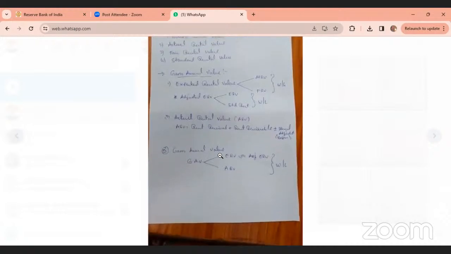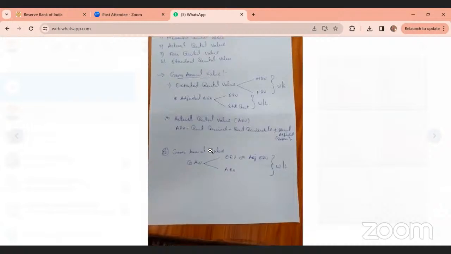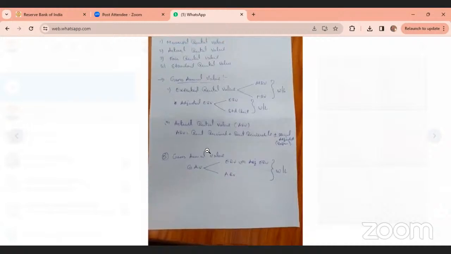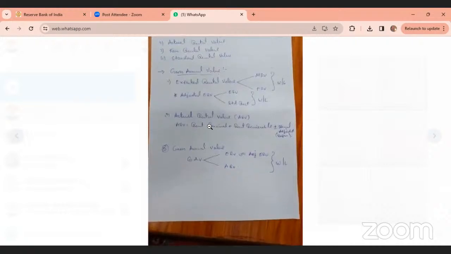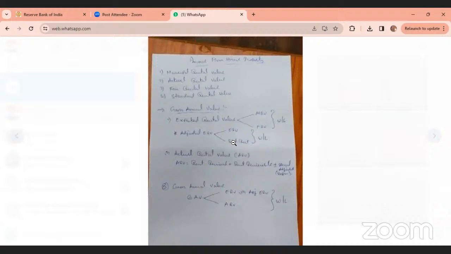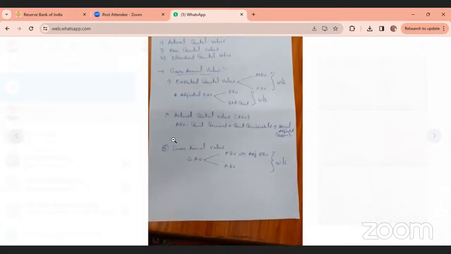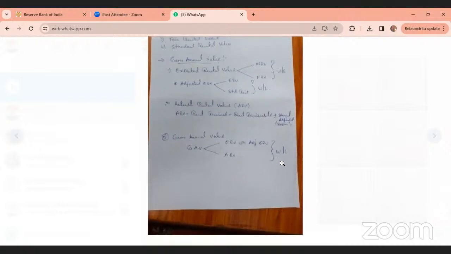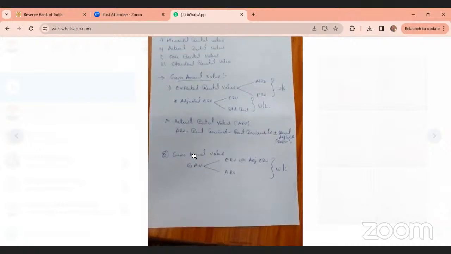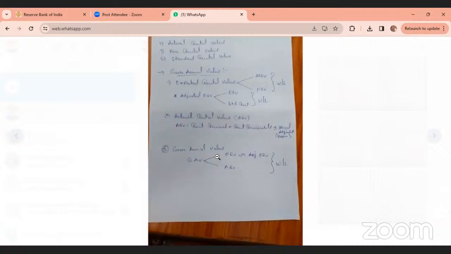So next last third step is what? Gross annual value. In table, first step is what? Gross annual value only. So for that, how to calculate gross annual value means ERV. First step you calculate ERV. That ERV and second step is what? Actual rental value, ARV. Whichever is least is the gross annual value. Okay.